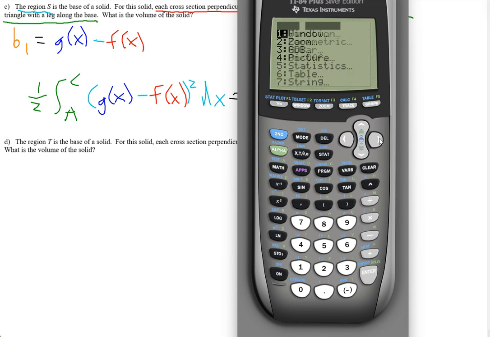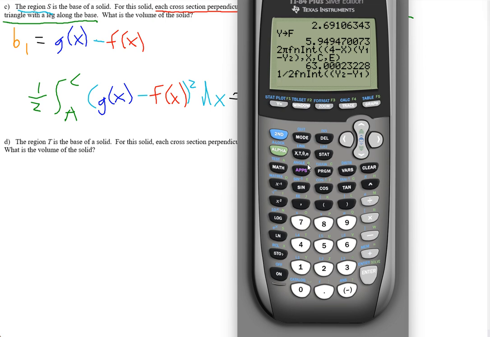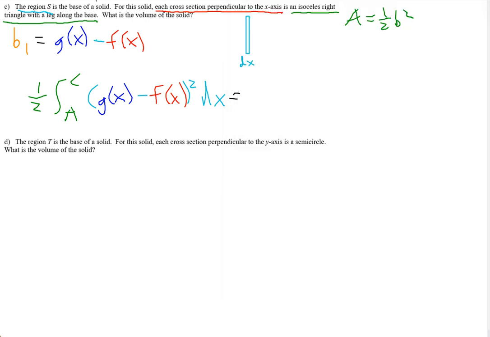Vars y variables y1, and then close parentheses squared. And then an old one, comma x, lower limit alpha A, upper limit alpha C. And we get 1.124. And if you want to remind yourself it's volume, it'd be units cubed.